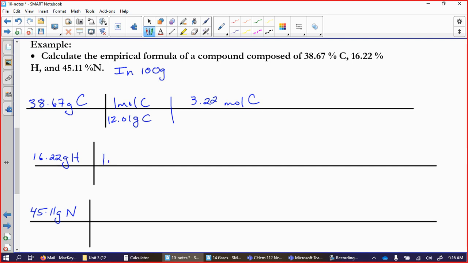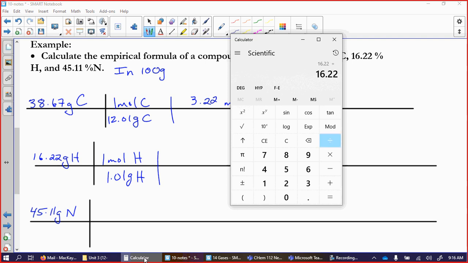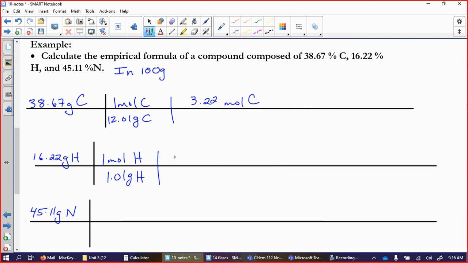I can do the same thing for hydrogen, 16.06. 1 mole of nitrogen is 14.01 grams of nitrogen.